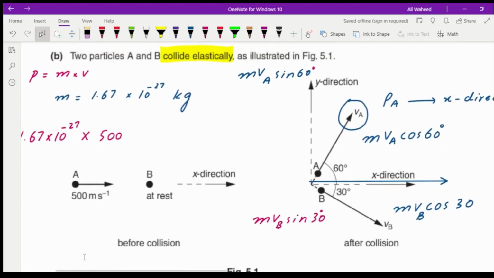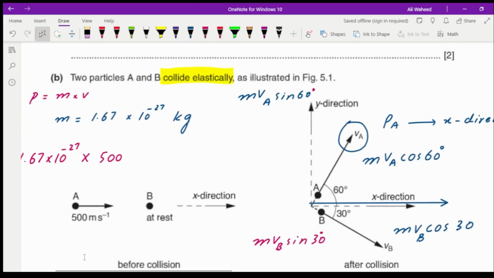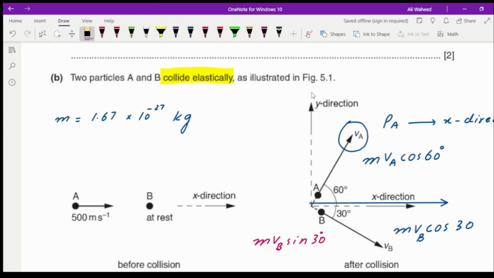So I'm going to erase everything from here because I'll be solving it on the diagram. Let me erase everything, probably except for the mass, because the mass would be used anyway. So first we are going with initial momentum equals the final momentum along x direction, along x-axis.